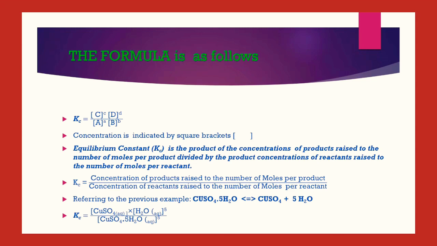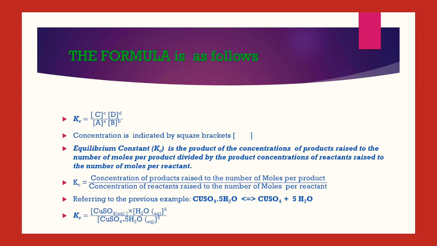Then the equilibrium constant Kc would be copper sulfate, CuSO4, in square brackets, multiplied by concentration of water in square brackets raised to the power 5 over the concentration of CuSO4.5H2O in square brackets.